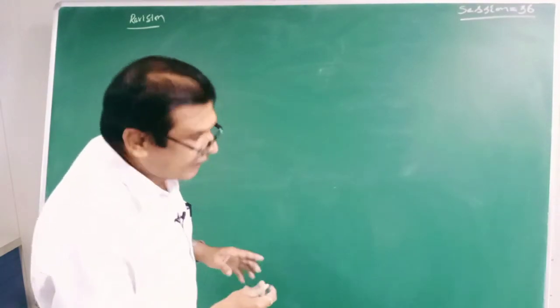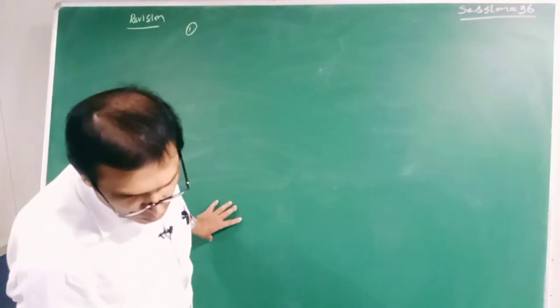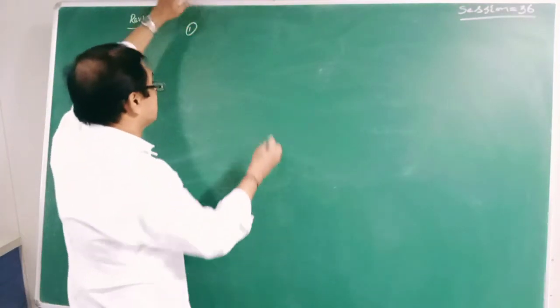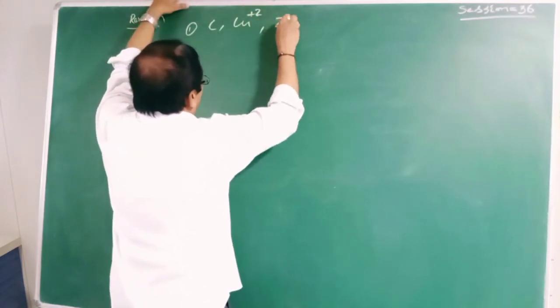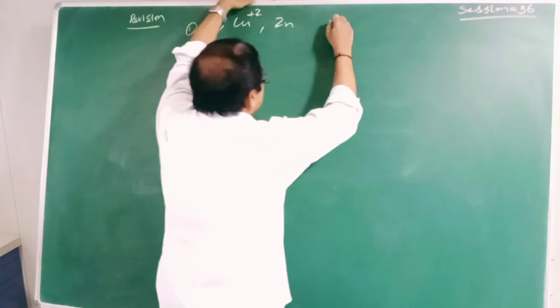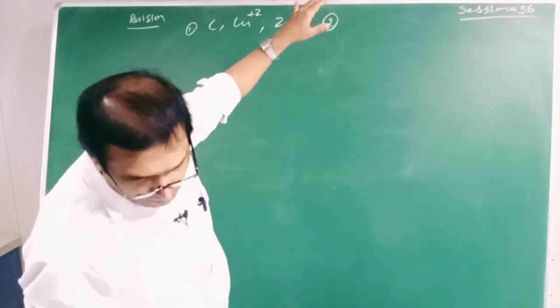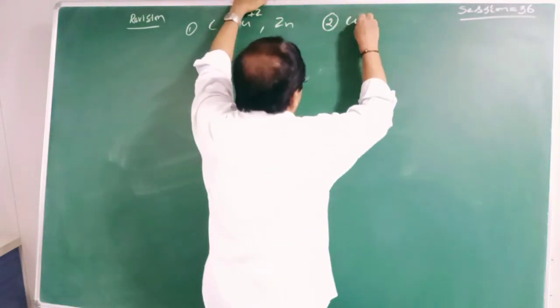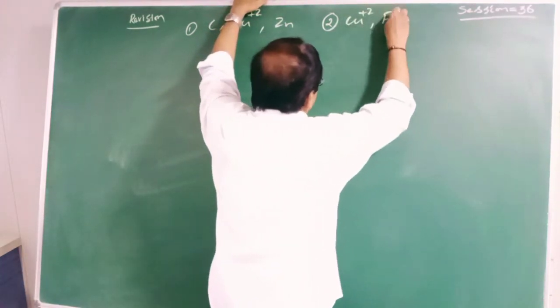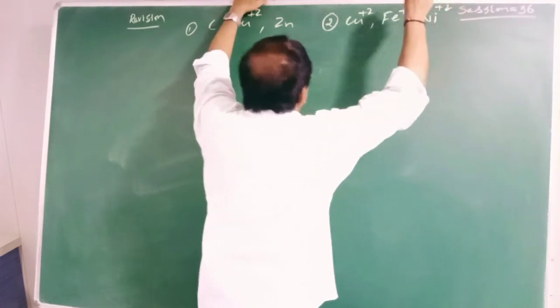Let us take up the options. First option is carbon, copper plus 2, Zn. Second option is copper, Cu plus 2, Fe plus 2, nickel plus 2 ions.